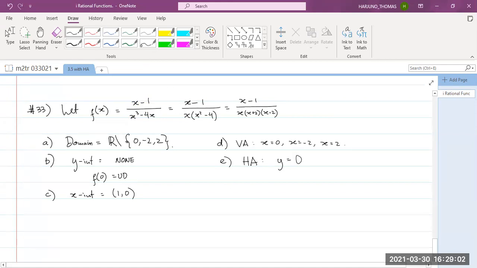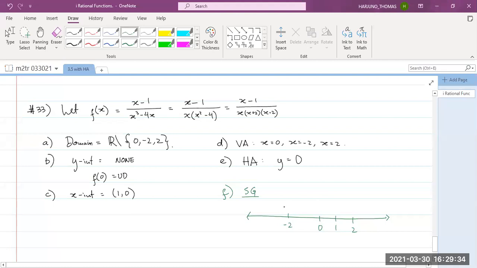Okay, let's take a look at the sign graph. Yeah, the horizontal asymptote happens to be the x-axis. So the sign graph for this will also work for our sign graph against the horizontal asymptote. Okay, so that's 0, that's 1, we have 2, we have -2 here, right?